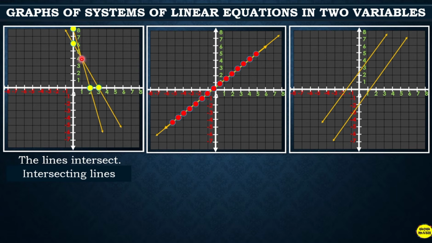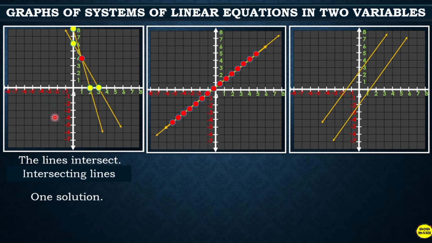At, kung ano ang intersection, that is your solution. So, therefore, since dito lang sila nag-meet, therefore, yan ang solution natin. Ilan ang solution natin? Isa lang po. Okay? Bakit isa lang? Kasi dito lang sila nag-meet. Tandaan po yan. So, this is an example of intersecting lines.